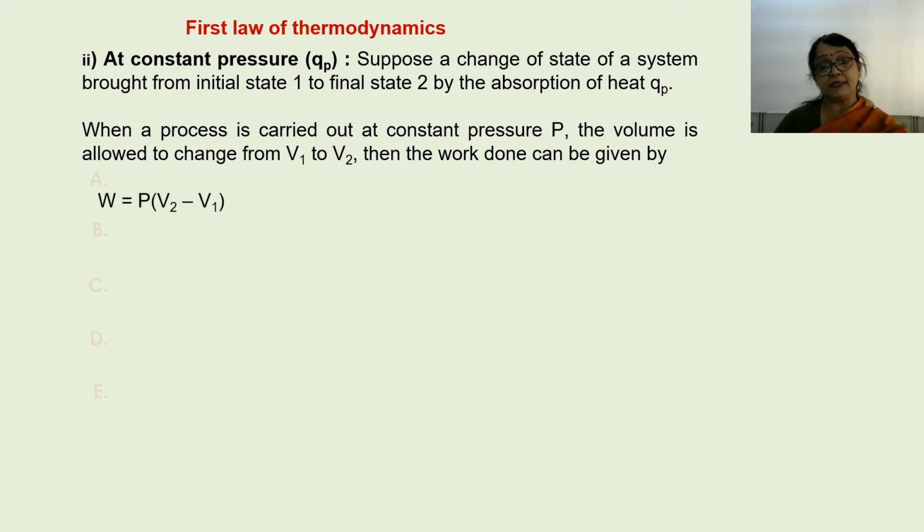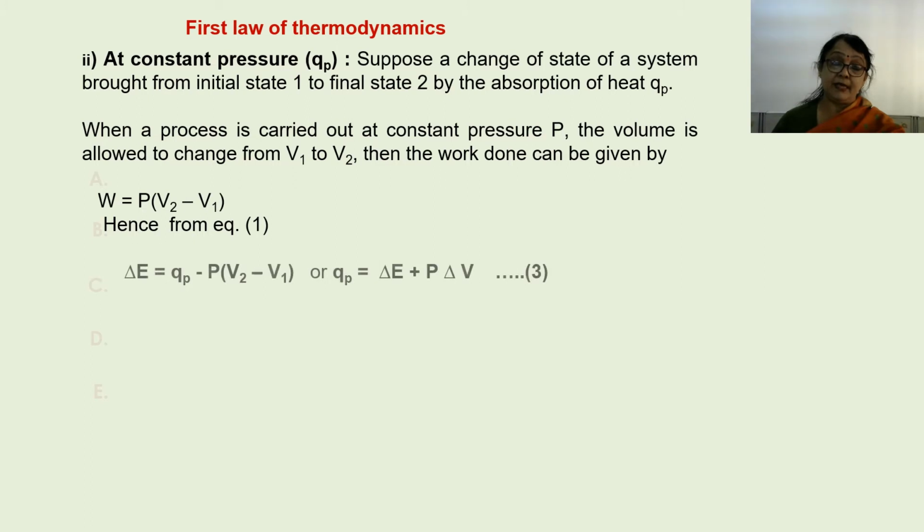When a process is carried out at constant pressure, the volume is allowed to change from V1 to V2. Then the work done by the system can be given by W is equal to P into V2 minus V1, and the change in volume is denoted by del V. Therefore, the equation can be represented as W is equal to P del V.